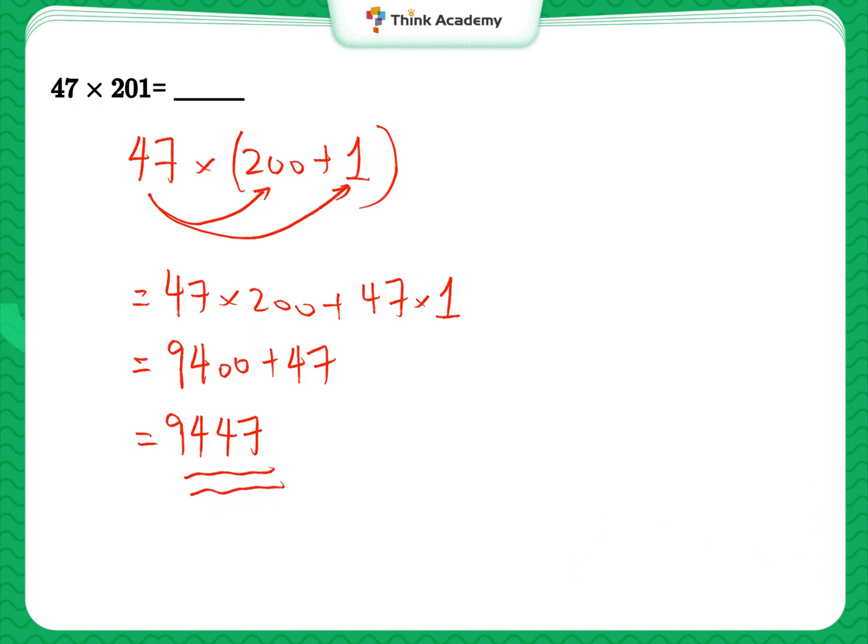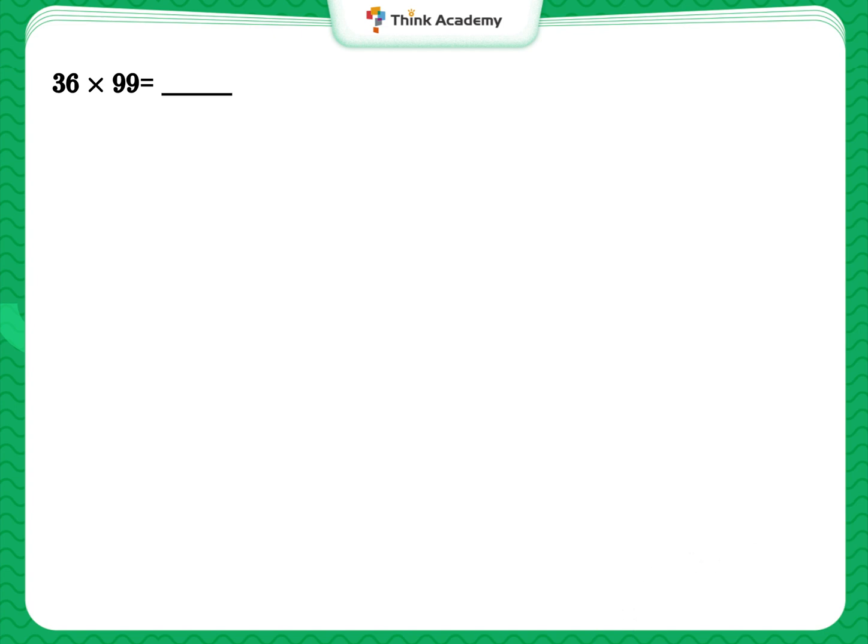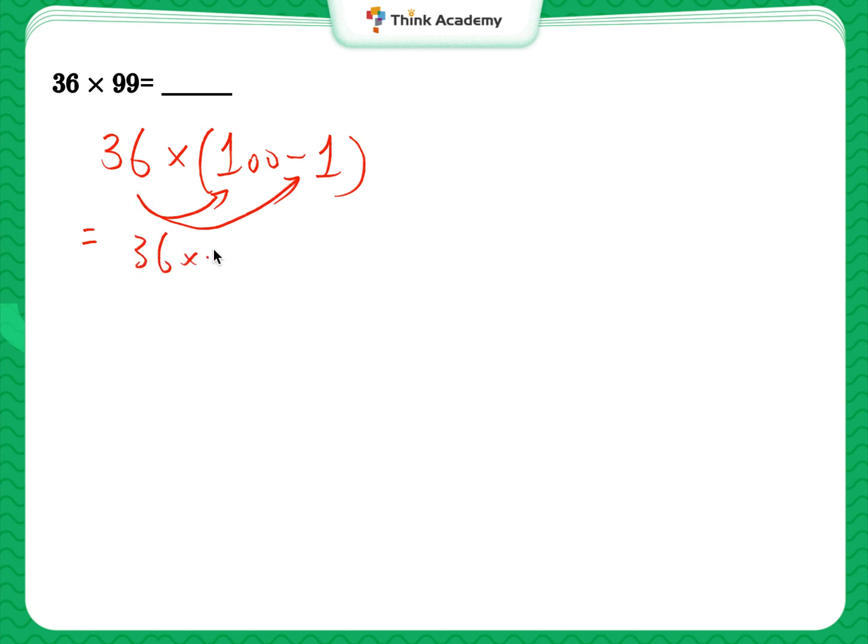All right, so this is question 71. Next, let's move on to question 72. So in question 72, we use a very similar technique right here. It says that 36 multiplied by 99. And also, we can still use the distributive law of multiplication, but this time we are writing 99 as 100 take away 1 in brackets. And after doing that, of course, I can again apply the distributive law, multiplying 36 with every term inside the brackets.